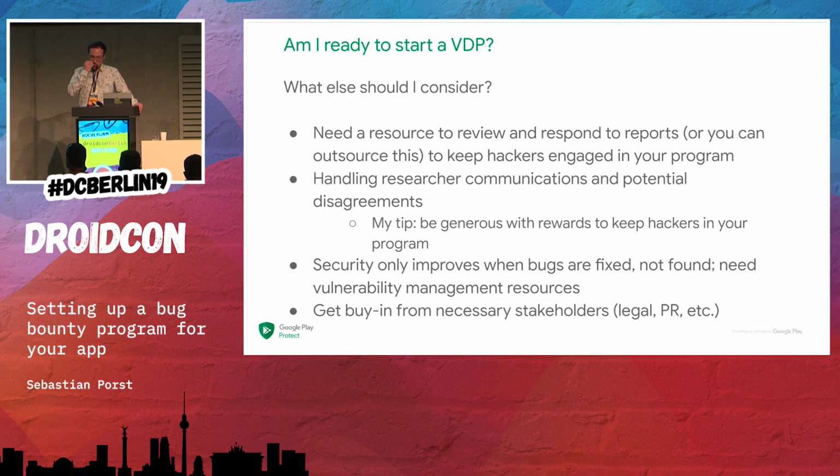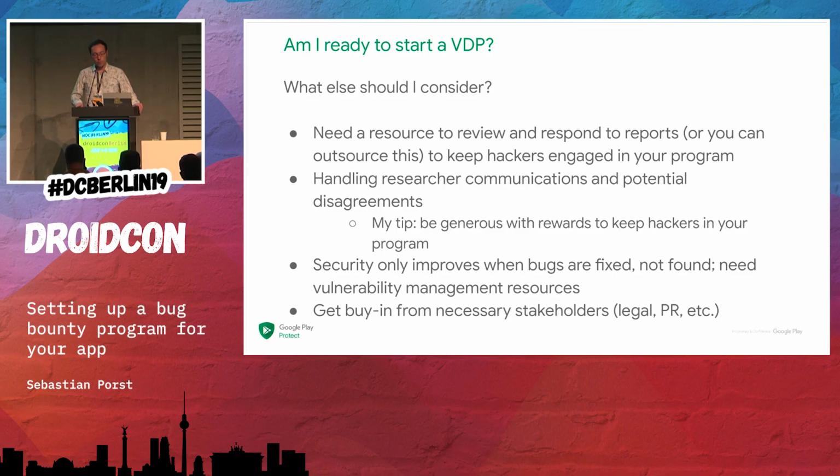My tip would be: be generous to keep hackers engaged in your program. That doesn't always mean that you have to pay out, but it means that you can tell them, we don't really pay out for these, but we give you a one-time bonus of like $1,000, but please never report tickets like this again. That has worked for us in the past.